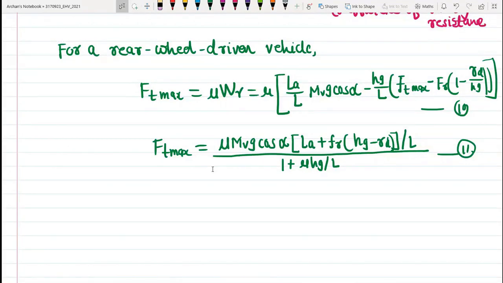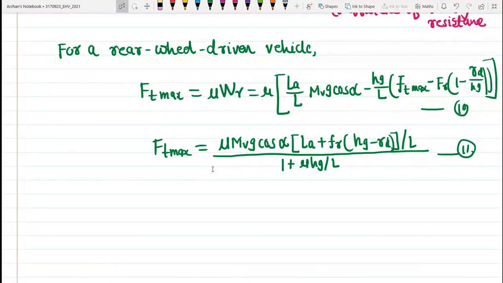Now let us try to understand this tire ground adhesion and relate it to the maximum tractive effort. When the tractive effort of a vehicle exceeds the limitation of the maximum tractive effort due to the adhesive capability between the tire and the ground, what will happen?